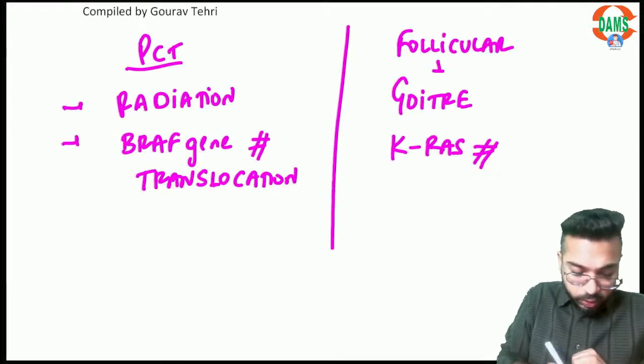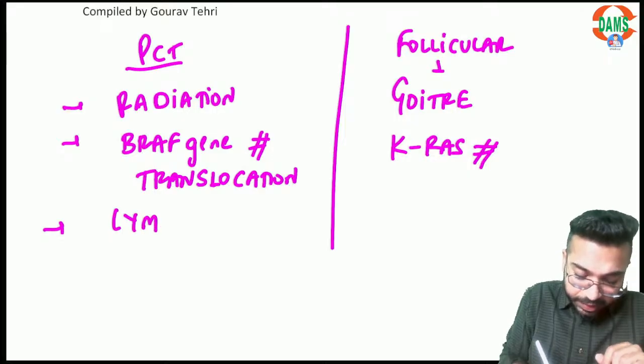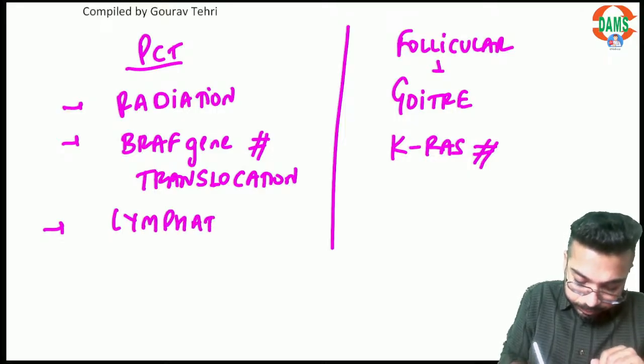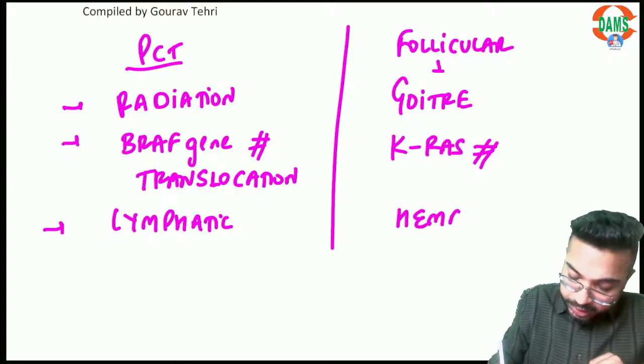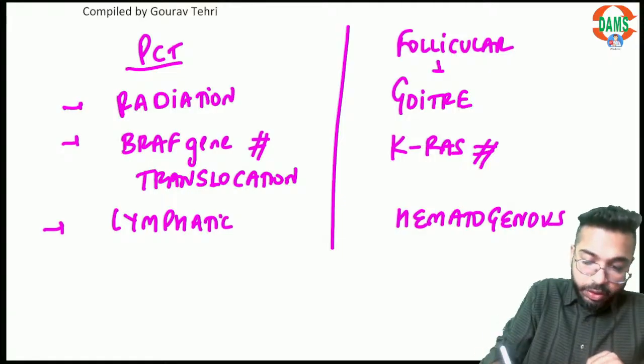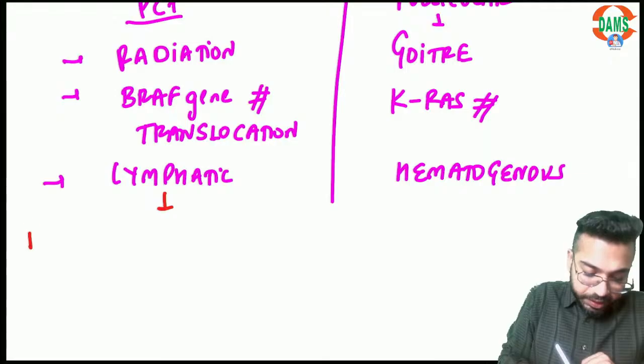And about the other questions, remember the spread is different. Papillary cancer has a lymphatic spread, whereas we discussed follicular has hematogenous spread. Can you recall which lymph nodes are commonly involved? We discussed cervical.